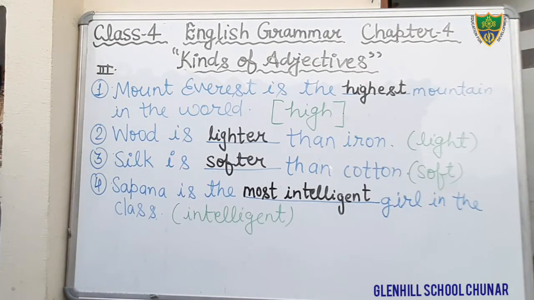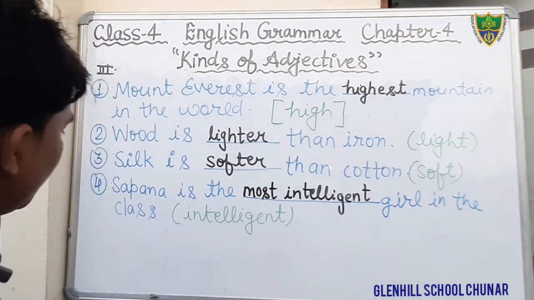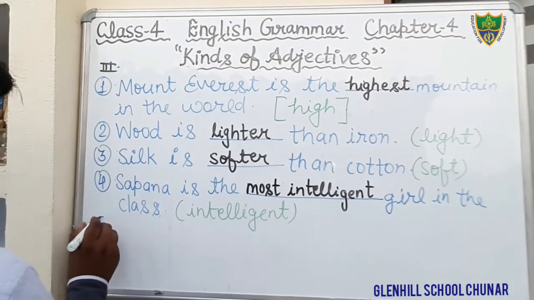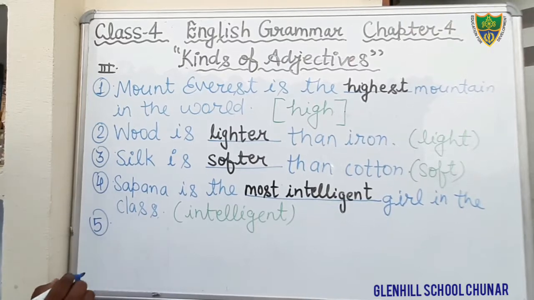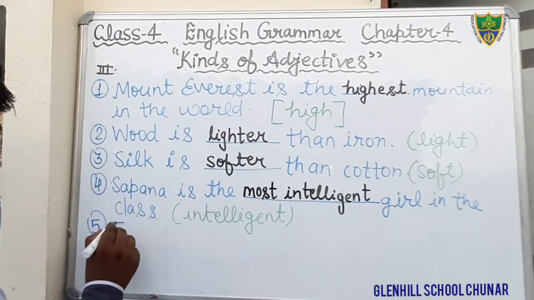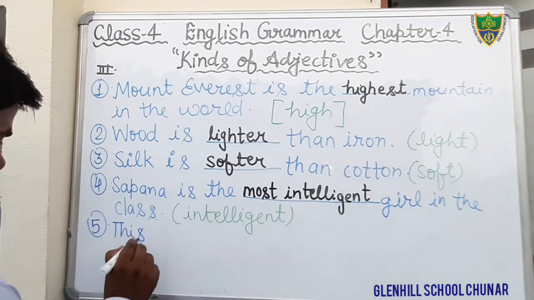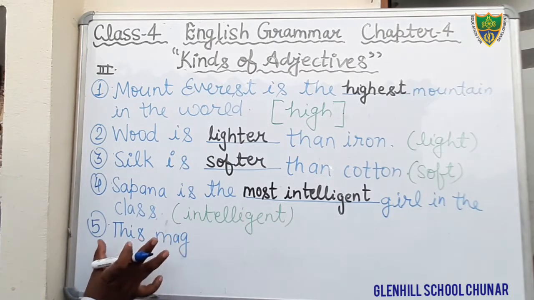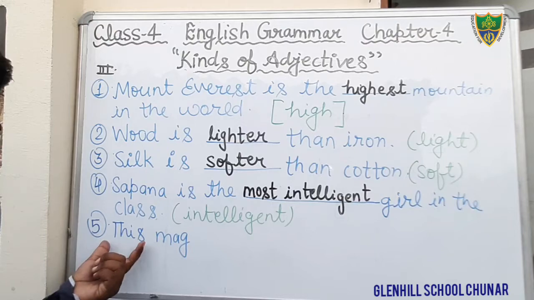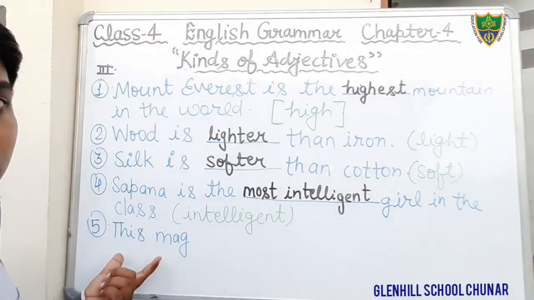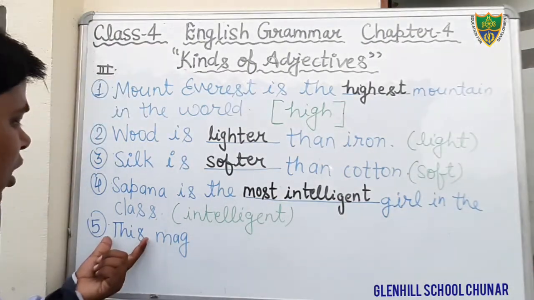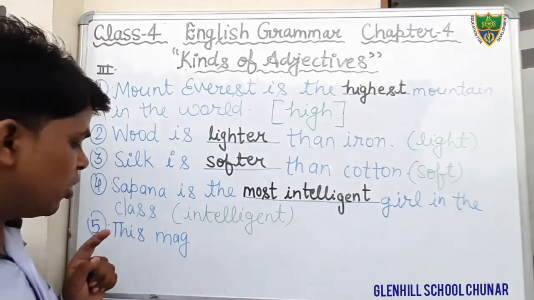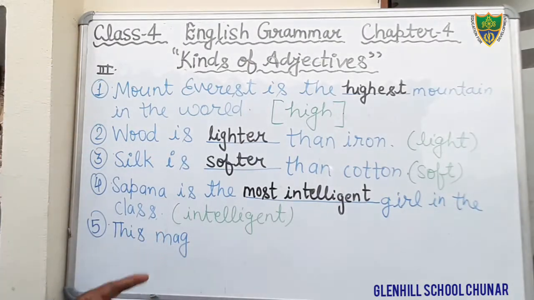Okay, students, I hope that you all have understood what to do, what not to do, and come to question number 5. Question number 5 is: this magazine. Dear students, in this magazine, the word "this" is what kind of adjective? Demonstrative adjective, because it is used to denote the magazine.